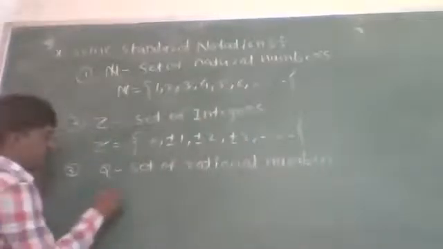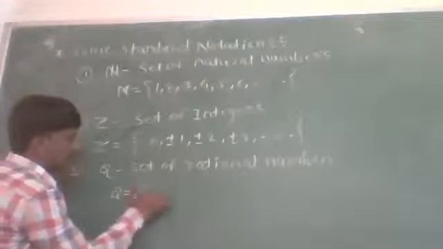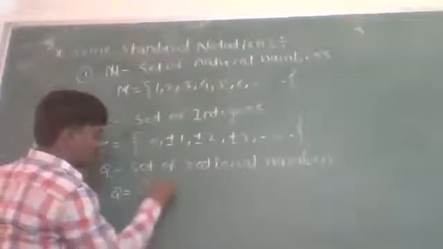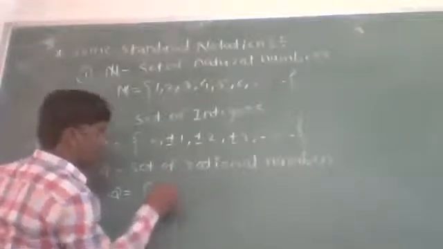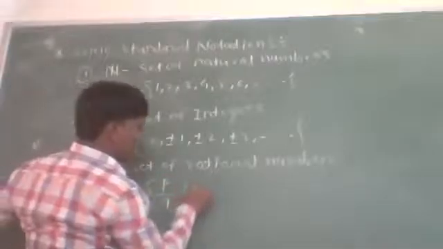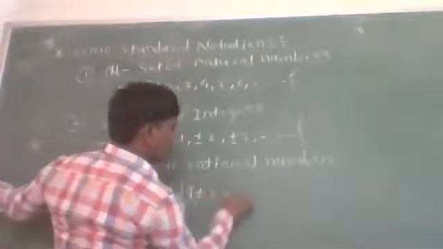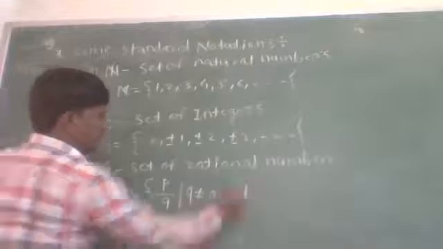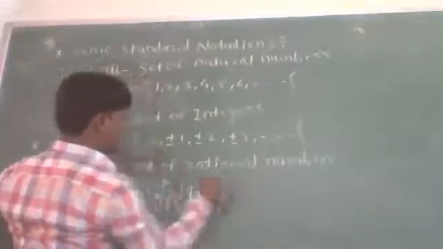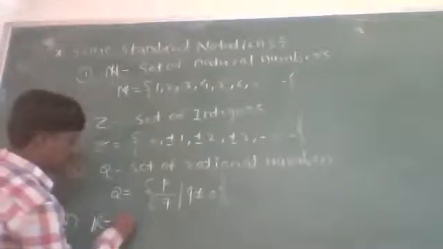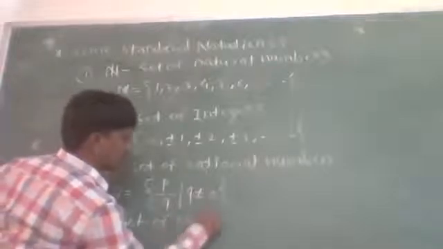The set of rational numbers, Q, contains elements of the type p by q, where q is non-zero. This one is the third one. Fourth one is the set of real numbers.